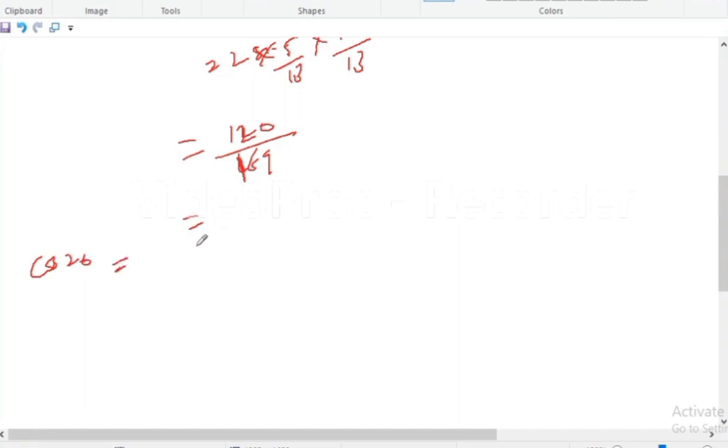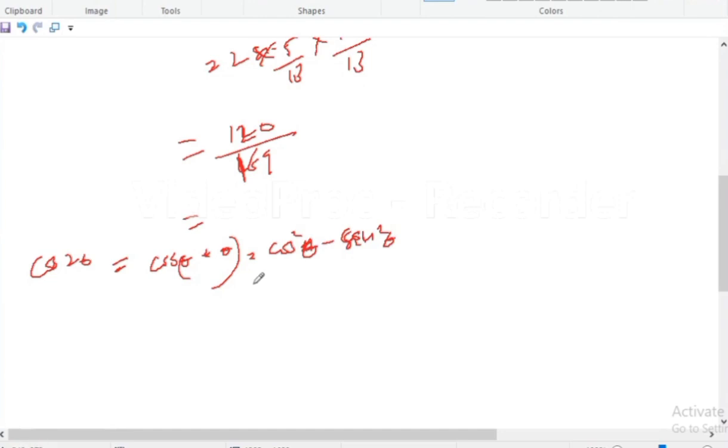What about cos 2 theta? So this one will give you cos theta plus theta. As we have expanded it the other time, you can have cos square theta minus sine square theta.